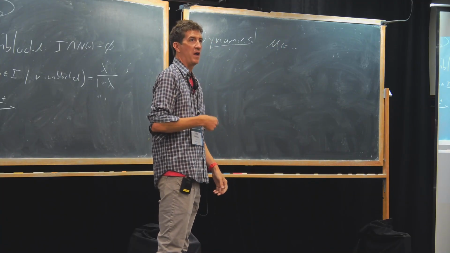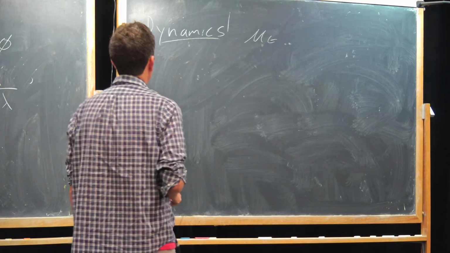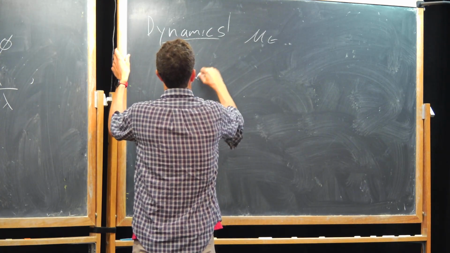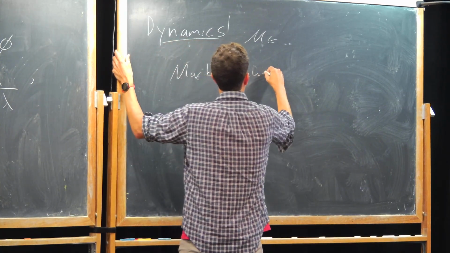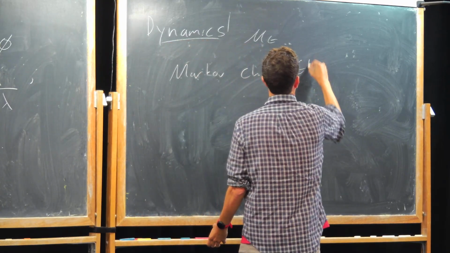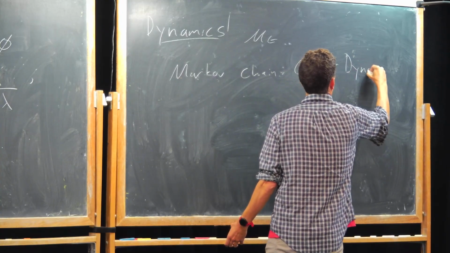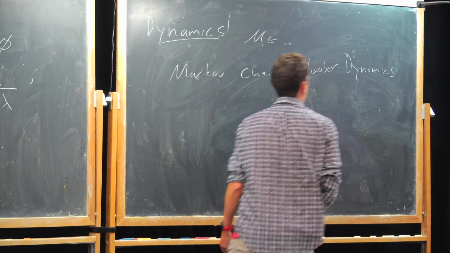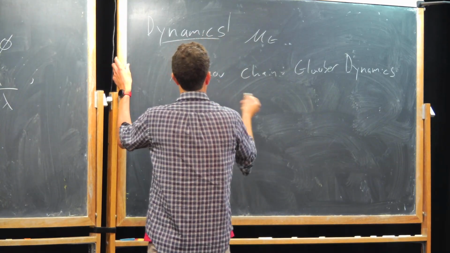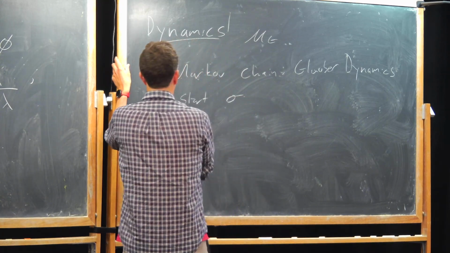There are simple random processes that converge to the right distribution. And the one that we'll think about here is a Markov chain, and a specific Markov chain called the Glauber dynamics. I need to tell you the update rule. Let's say you start at a configuration sigma. Then what do I do at each step?